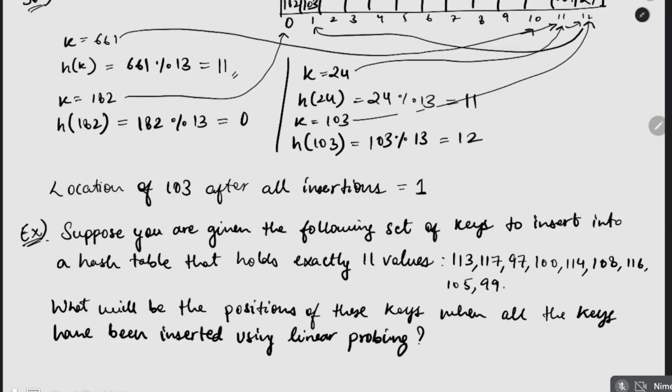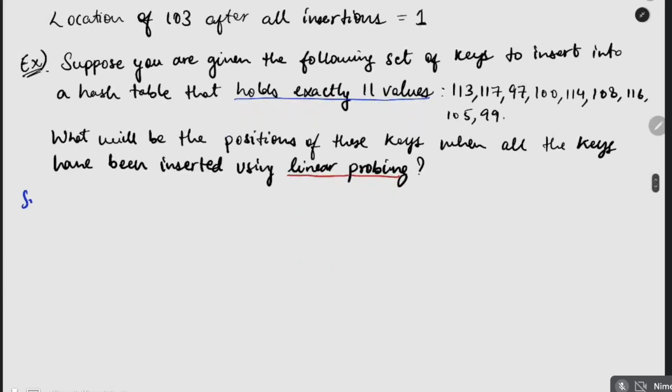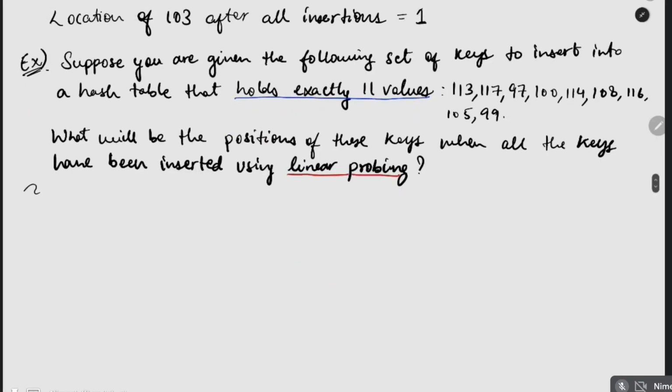So for collision, we have been told to use linear probing, and since we have been told that this hash table holds exactly 11 values, m is equal to 11, and let's just assume division hashing, the division method for hashing, since we have not been told anything specifically what to use. So let's start.